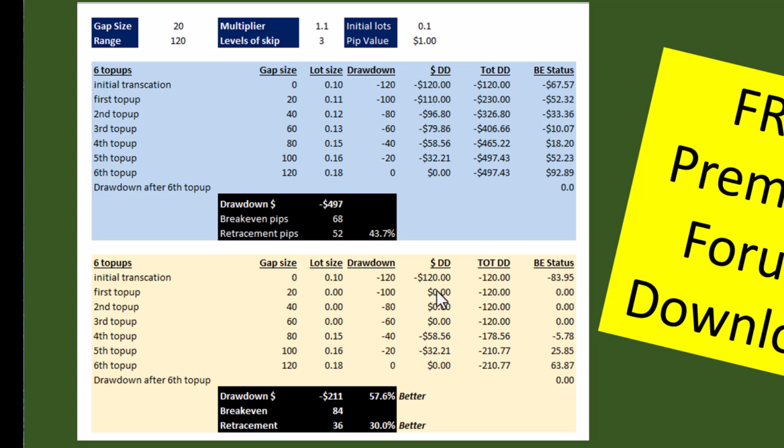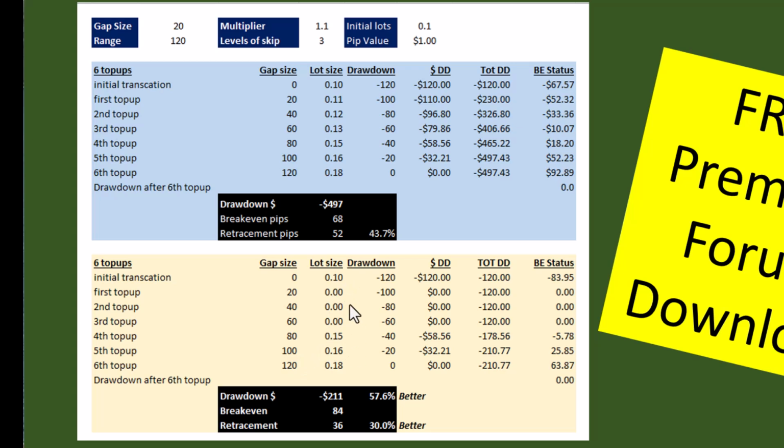In other words, there will be no drawdown for those next 3 trades, and we then open the next one after the skipped 3. We open the next one as if those ones were open. So in other words, if you look at that transaction, 80.1.5, it's the same. So we don't change the lot sizing, we just skip them, pretend they happened but they didn't happen, and that is what we call skipping.